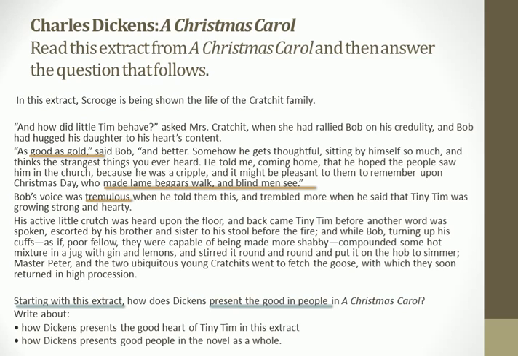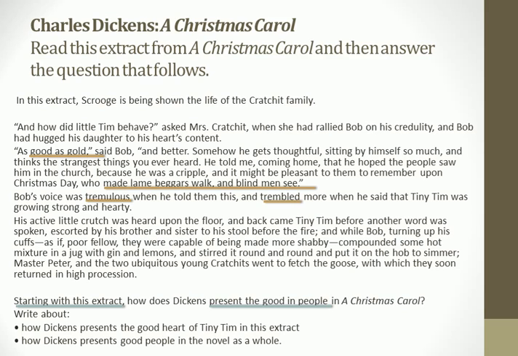Now, if we look at the other characters here, the other family members, and not just him, we have Bob's voice being described as "tremulous". So an adjective is used there to describe his voice, and also a verb, "trembled", both working together. They contrast the words "strong and hearty", and from that we can read between the lines to suggest that the opposite is true, that clearly Tiny Tim is not growing strong and hearty, and we hear that emotion in Bob's voice.